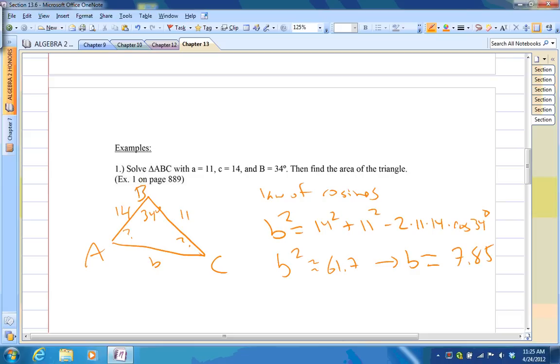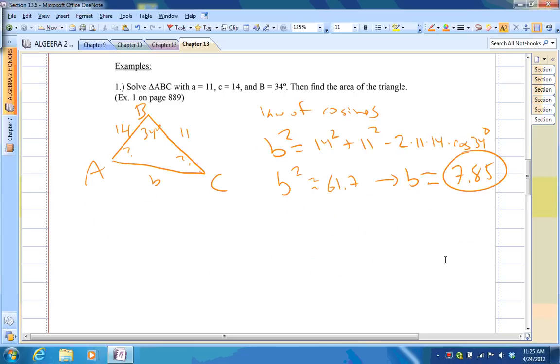And of course, you just use your calculator to work that out. Once you get that, then we can use the law of sines to work out the rest of this. For example, sine A over little a could equal sine B over little b. So let's see here.